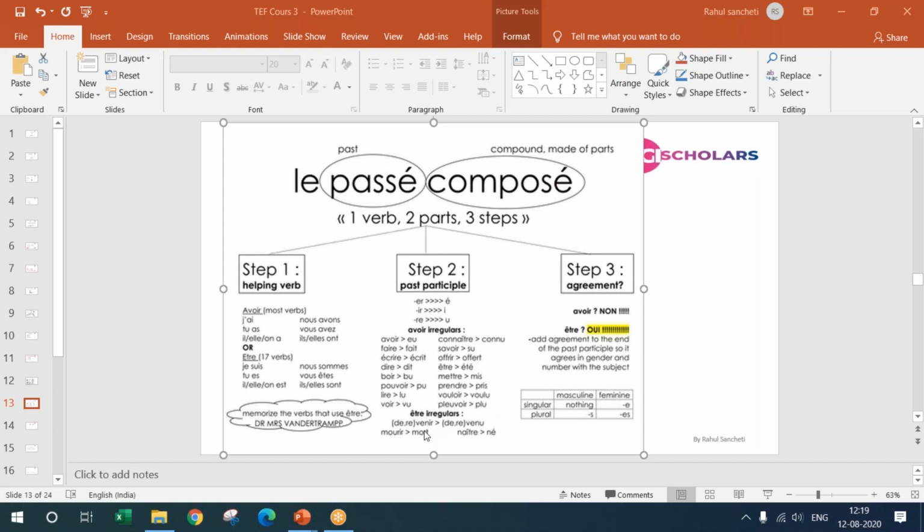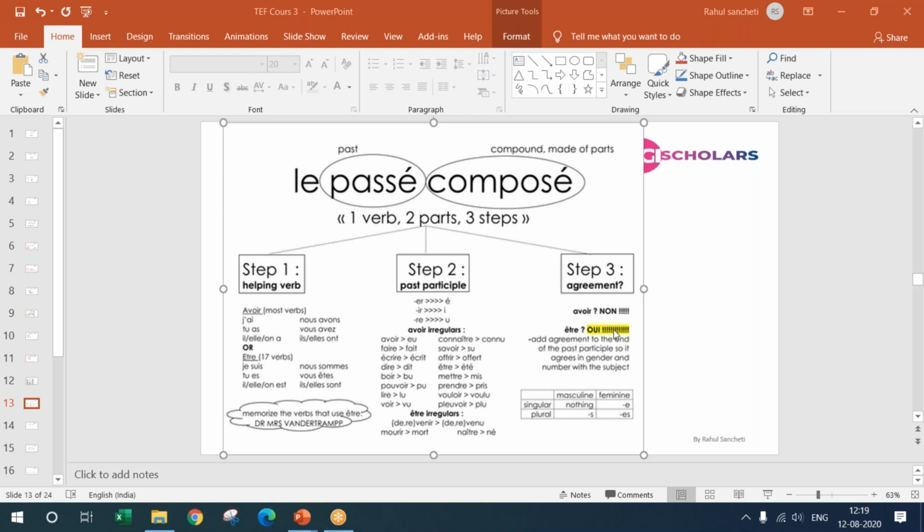Okay. And here the irregular verbs are devenir, venir, devenir, revenir. Mourir is mort, naître is né. So these are the three which are there. And the third, agreement, the step is for être only it is yes, for avoir it is no. That means for avoir conjugation you don't apply this rule. For être verb only you apply.